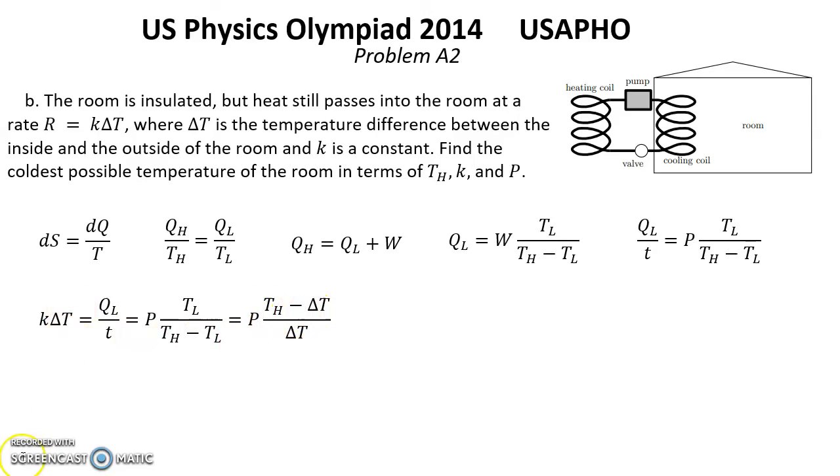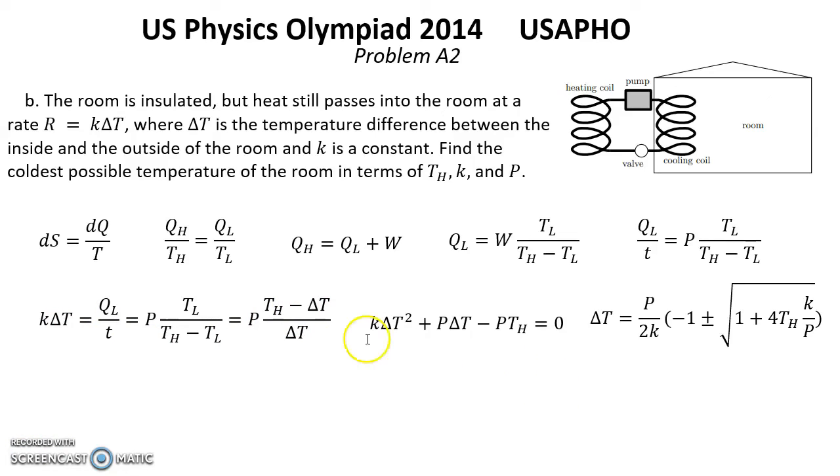So from here we can get a quadratic equation. For this equation we have a solution in this form, and only the positive root has a physical sense. So we can find what delta T is, and after that find the lowest possible temperature. That will be this expression. That's the answer for question B.